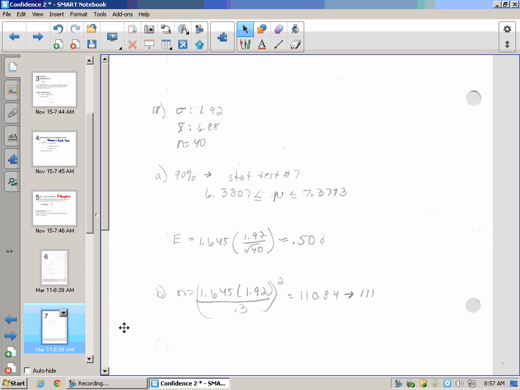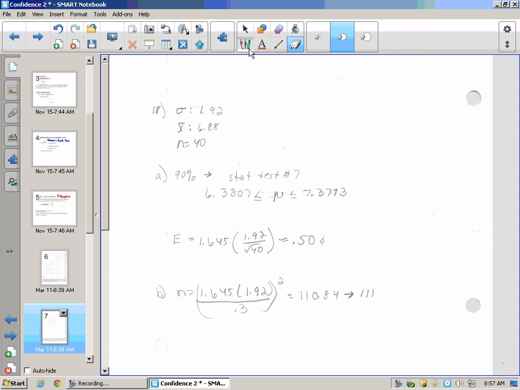On 18, they asked us to find a 90% confidence interval. And this is where we're going to do STAT TESTS 7. And here I would round, which I didn't do, and use the dollar signs.